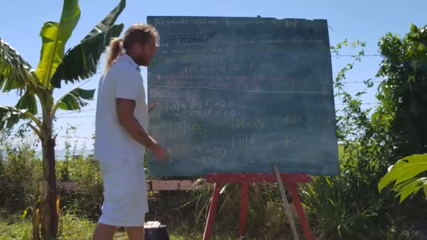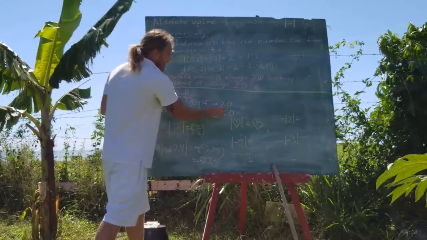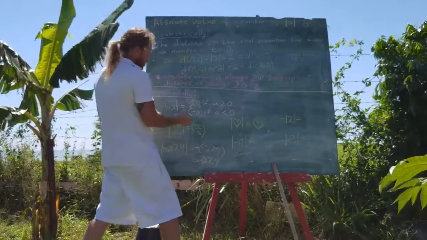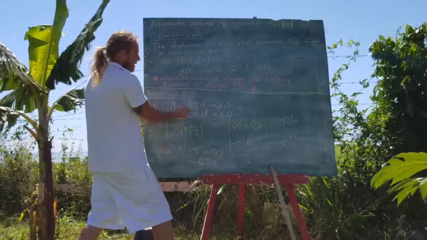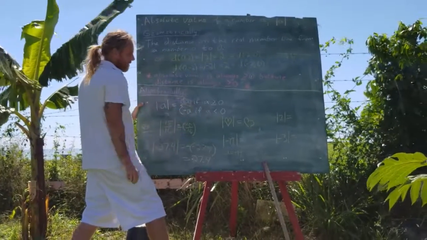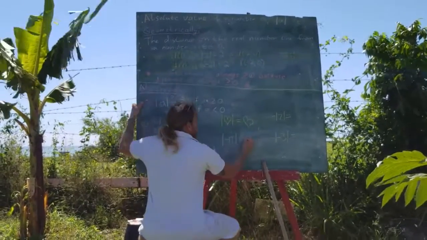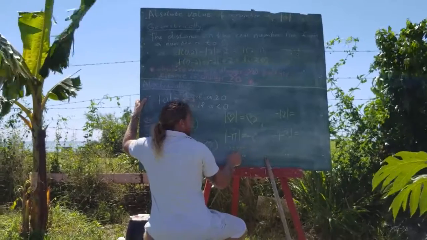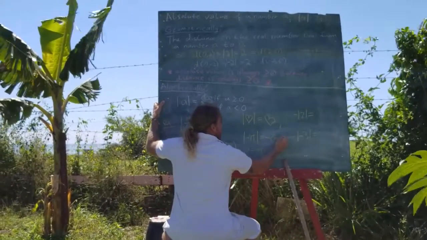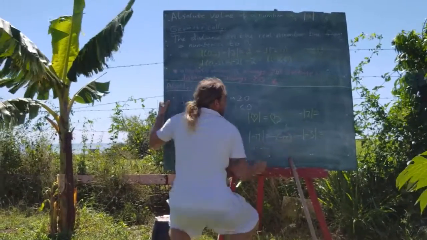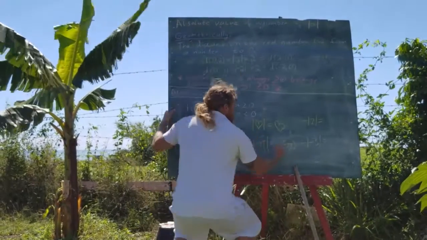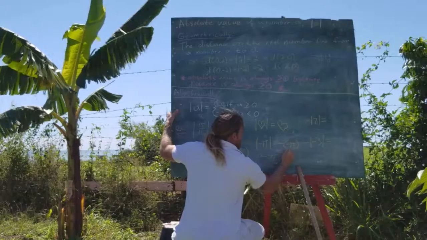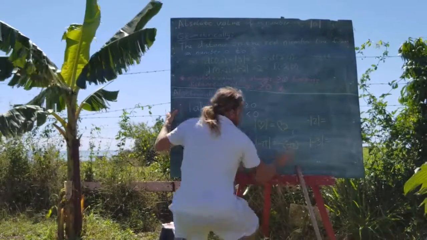No, it's negative. So A is less than 0. So therefore, the absolute value of our negative pi, our A, is equal to what? Negative A. Substitute in our A, which is negative pi. And what does that equal? Well, again, a negative times a negative is a positive. So it's equal to positive pi.